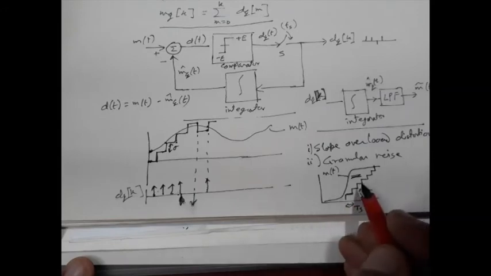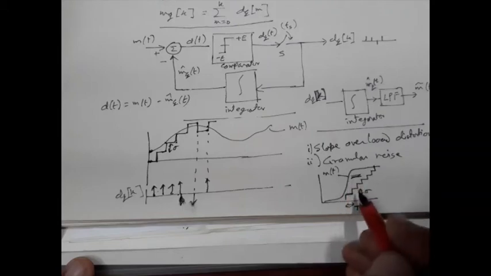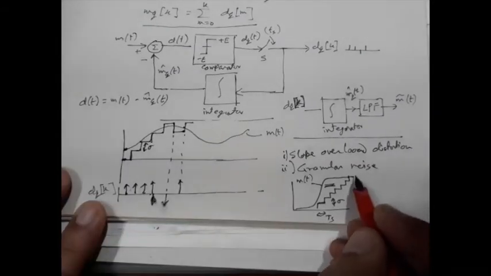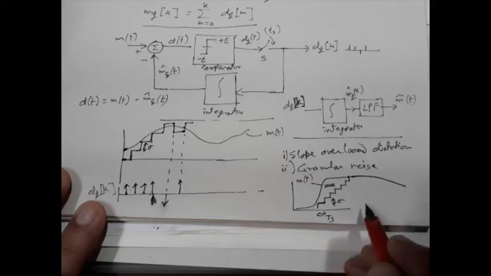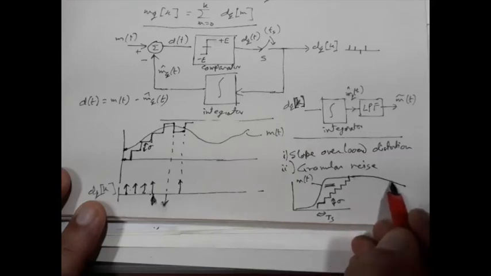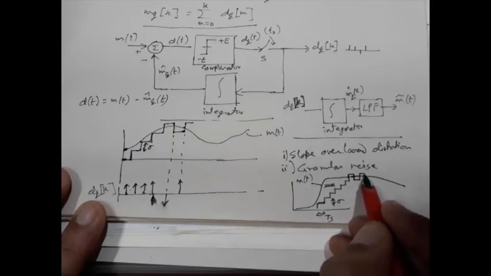So slope overload distortion occurs when the slope of the message signal is very high compared to the slope of the integrator. Now to understand this granular noise, let us extend this with a very small change in the signal. Within this region, the integrator output will be like this.